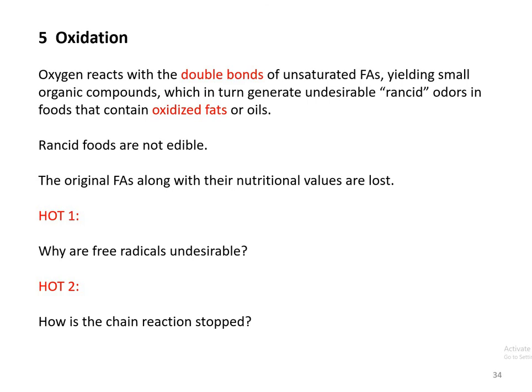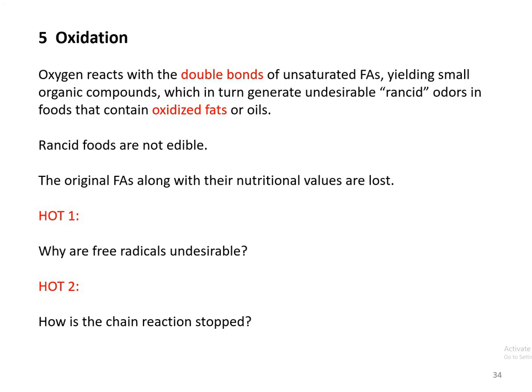Finally we come to oxidation. This is when oxygen reacts with double bonds of unsaturated fatty acids, yielding small organic compounds, which in turn generate undesirable rancid odors in food that contains oxidized fats or oils.